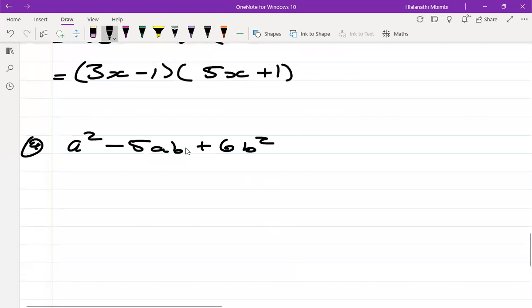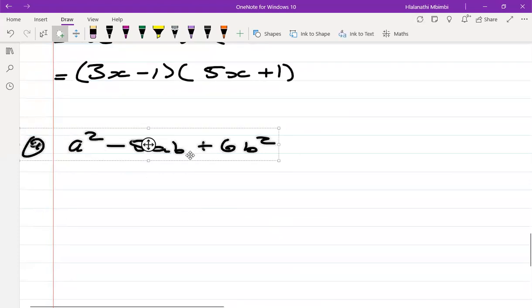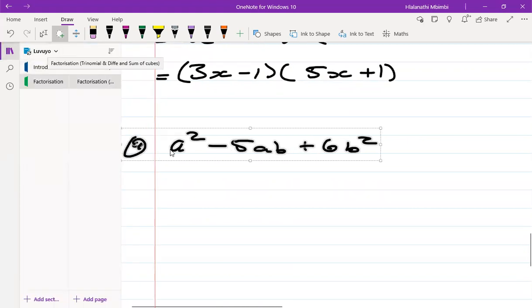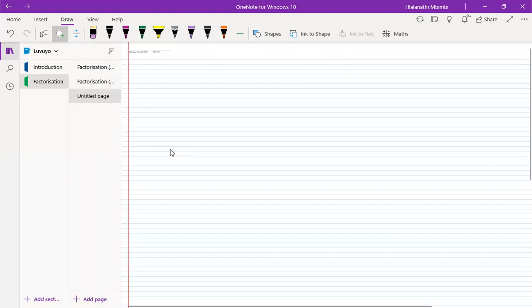That's going to be our do now for tomorrow. Actually, let me write it as such. That's the do now for tomorrow.